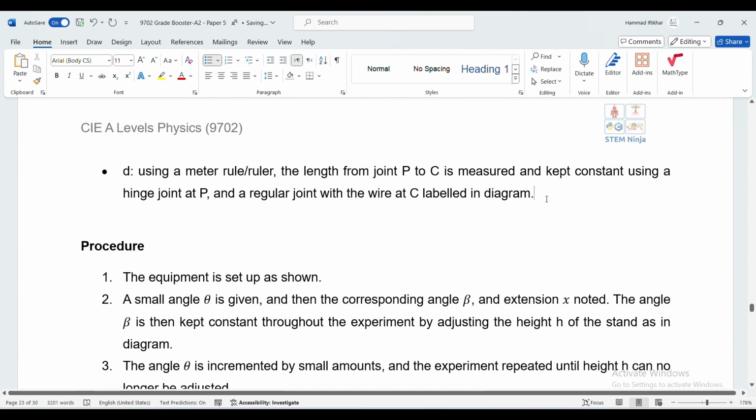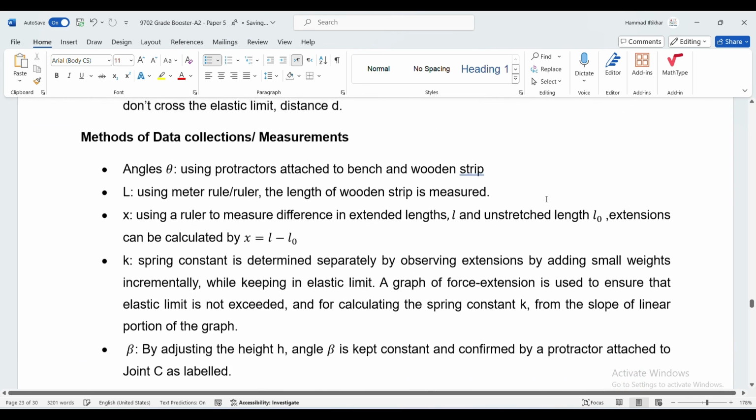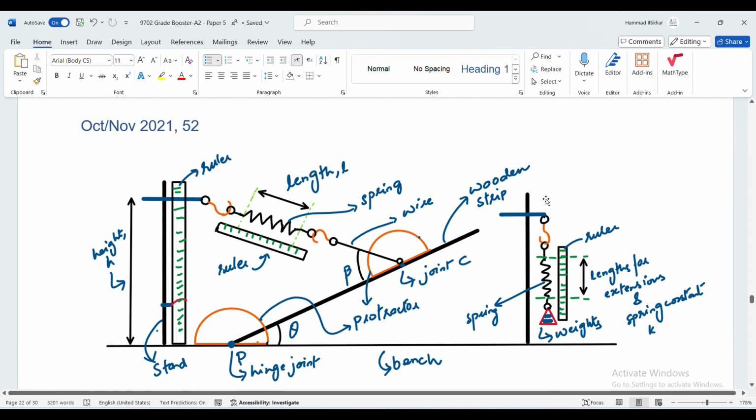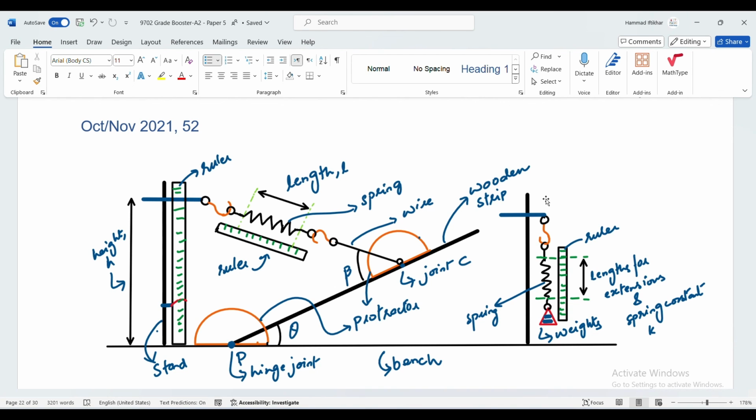Okay. Right. So we were talking about these safety concerns. Safety concerns could be that the wire and the hooks can be slightly sharp.